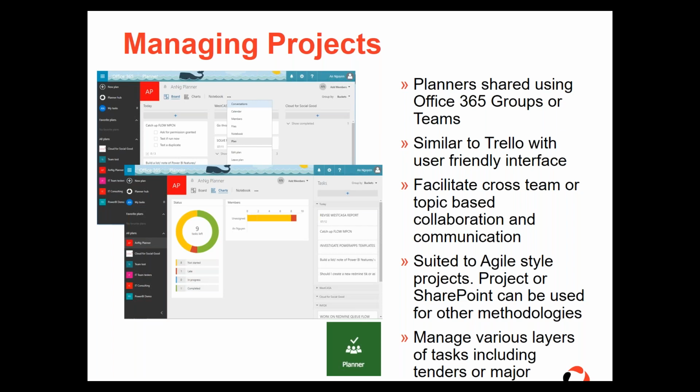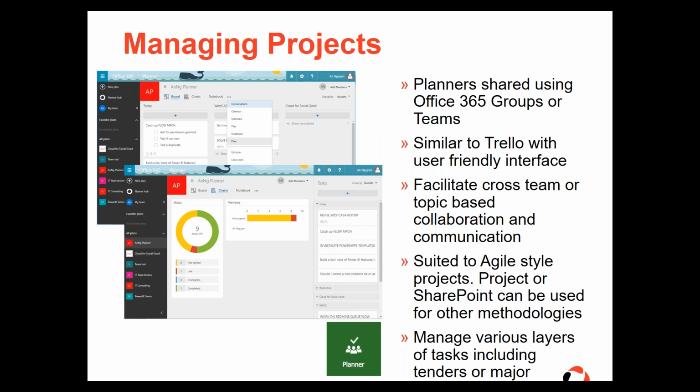None of these tools are essentially perfect. Trello's got some really good features as well, and Planner isn't quite there yet, but it's worth looking at which tool is suitable for you to manage projects, and usually that's based on your methodology.